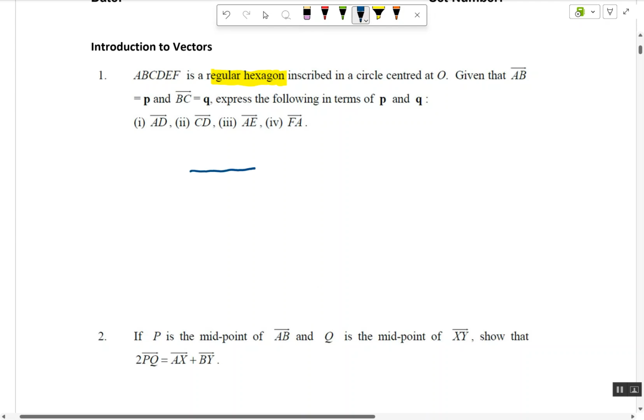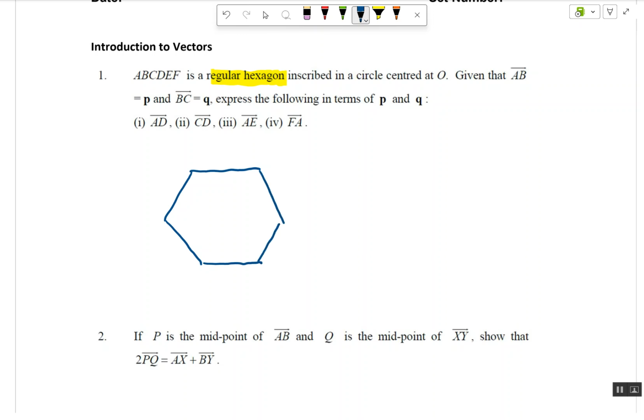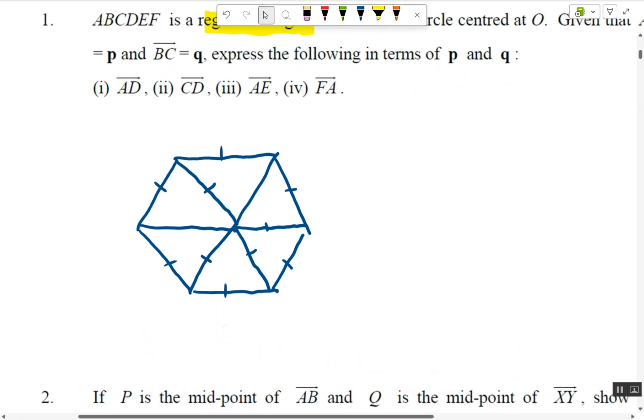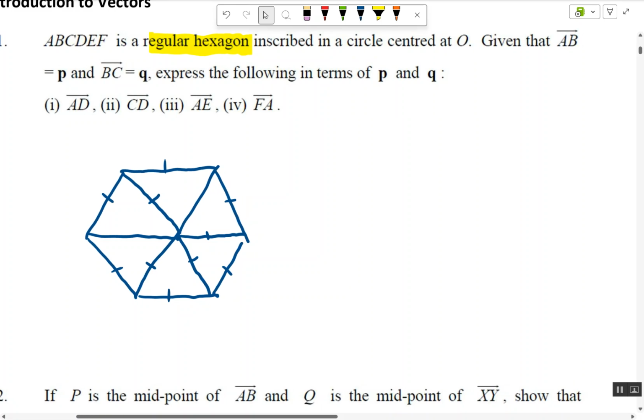A hexagon has 6 sides: 1, 2, 3, 4, 5, and 6. All the sides in the hexagon are equal. When I divide it into 6 triangles, each angle is 60 degrees, which makes everything inside exactly the same.